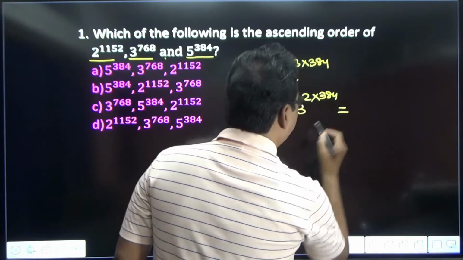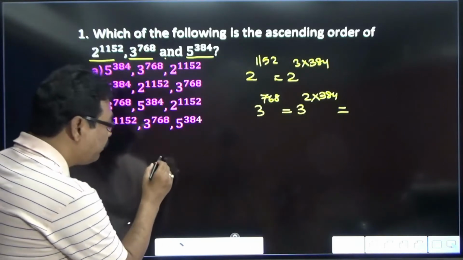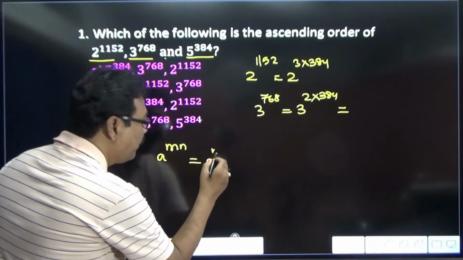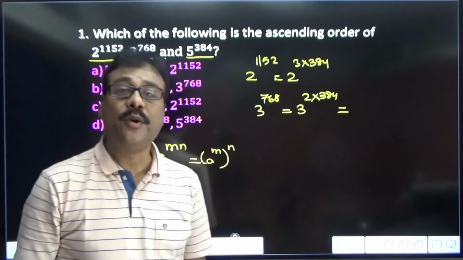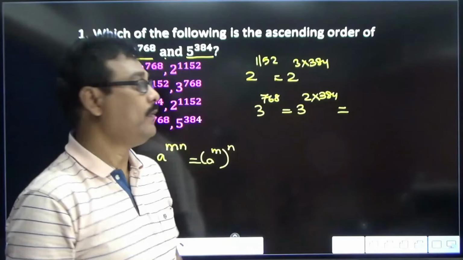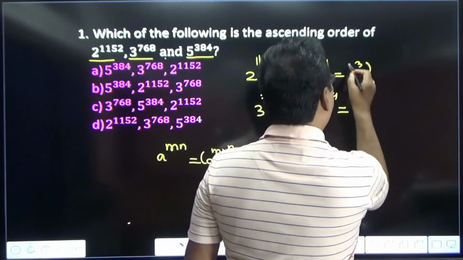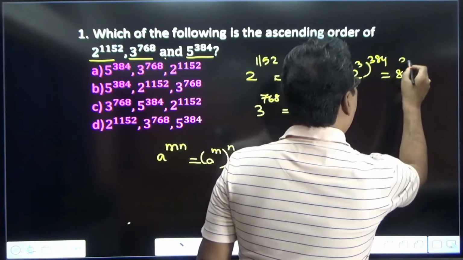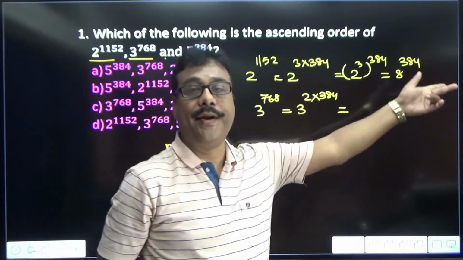Now, you can recall this formula, a to the power mn can be written as a to the power m whole to the power n. Because I have to make the power 384, I have to take this out. Then what to write? 2 to the power 3, whole to the power 384. So that will make it 8 to the power 384. So this is expressed in power of 384.